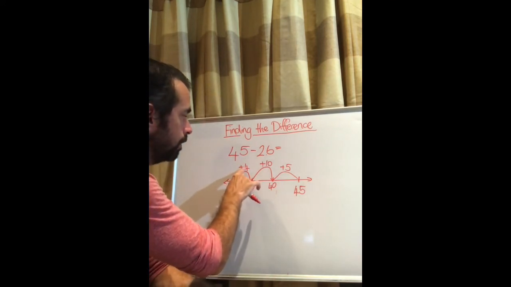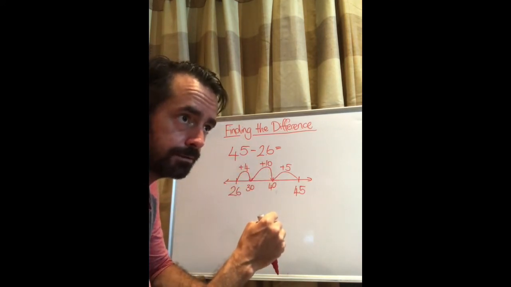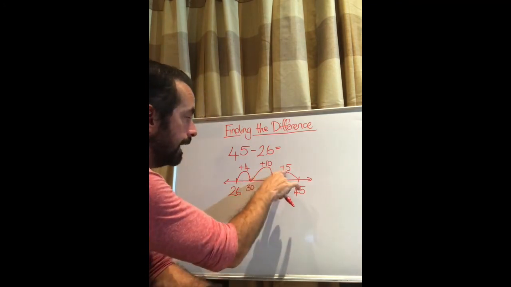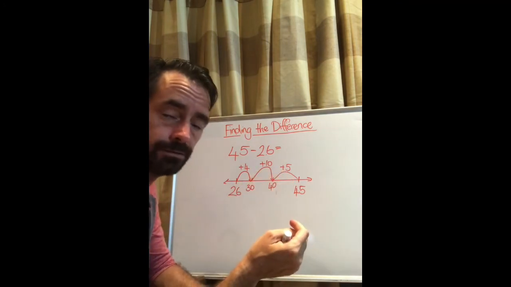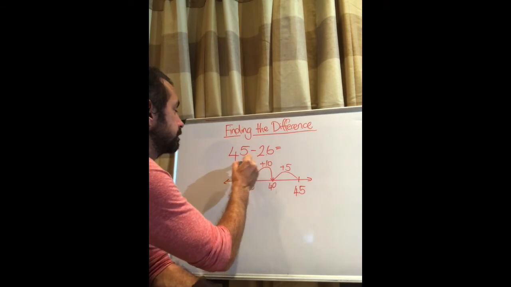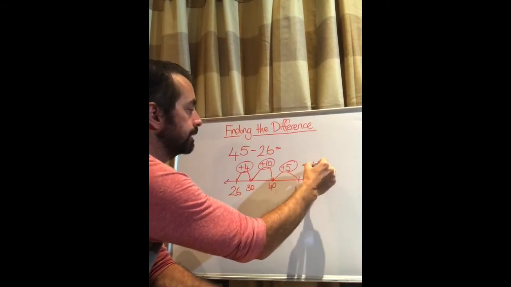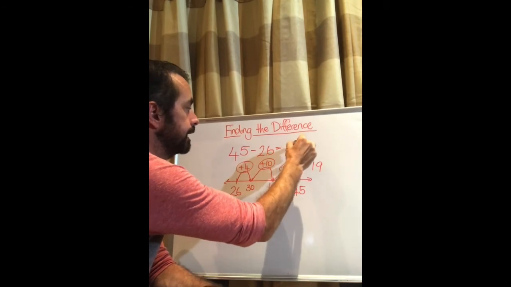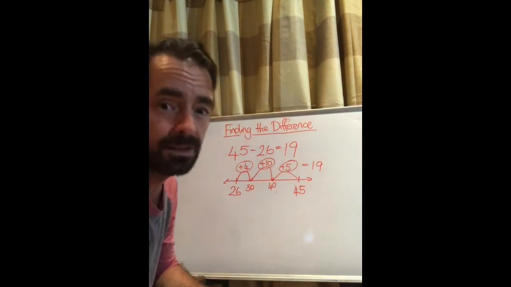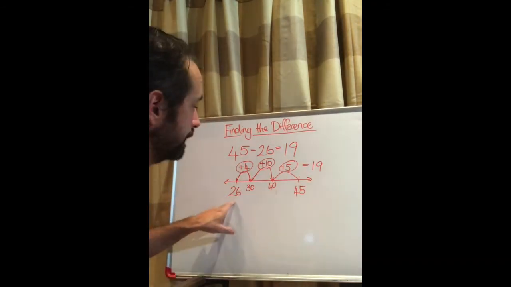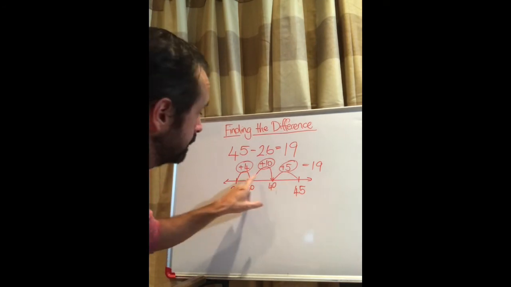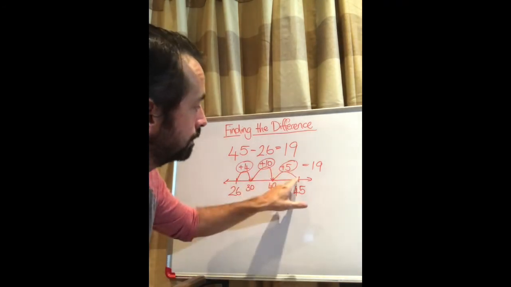So it was 4 and 10, that gives me 14, and 5. 14 plus 5 is 19. So 4 plus 10 plus 5 gives me 19, and that's the answer. The difference between 26 and 45 is 19.